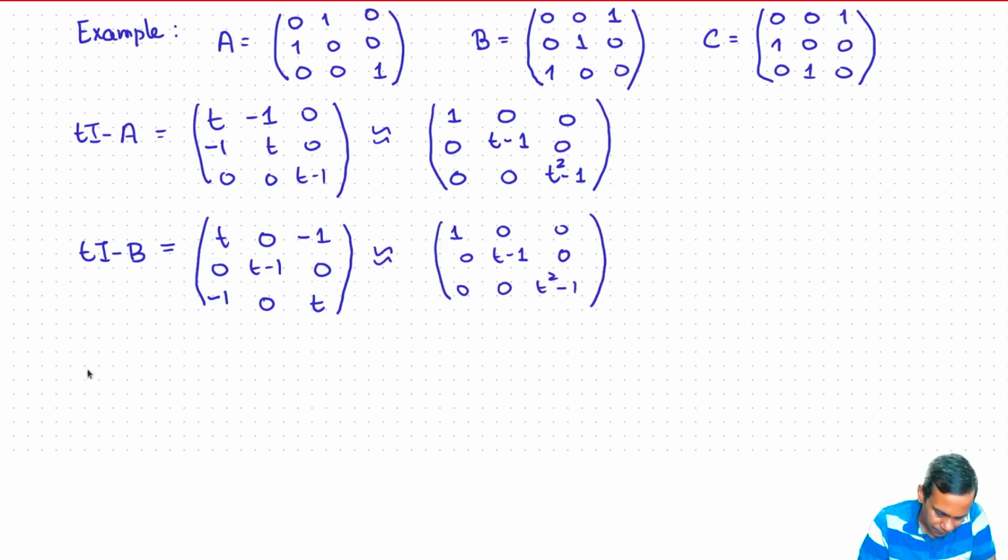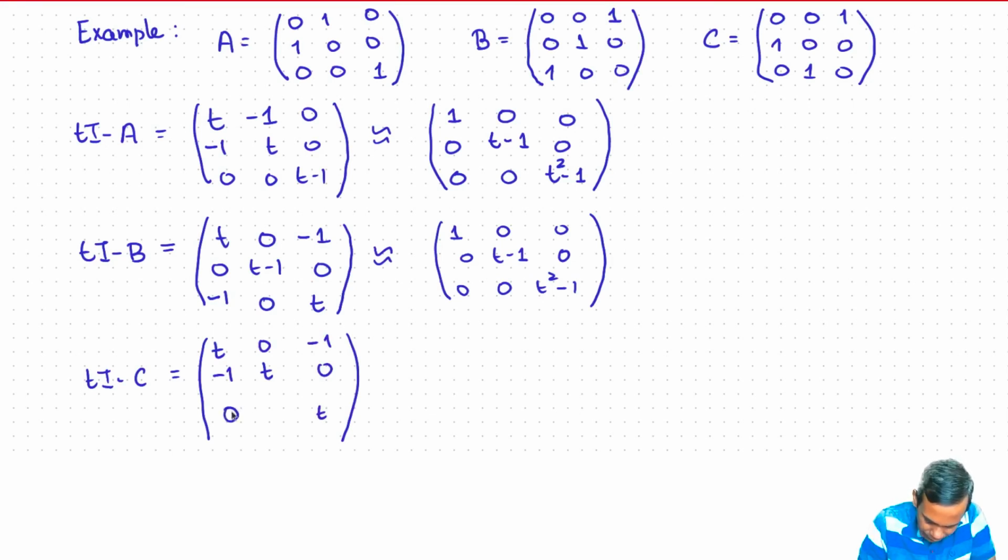What about C? So we'll have t, 0, minus 1, minus 1, t, 0, and 0, minus 1, t. So the GCD of all the entries is 1, of course, but even the 2 by 2 minors give 1.